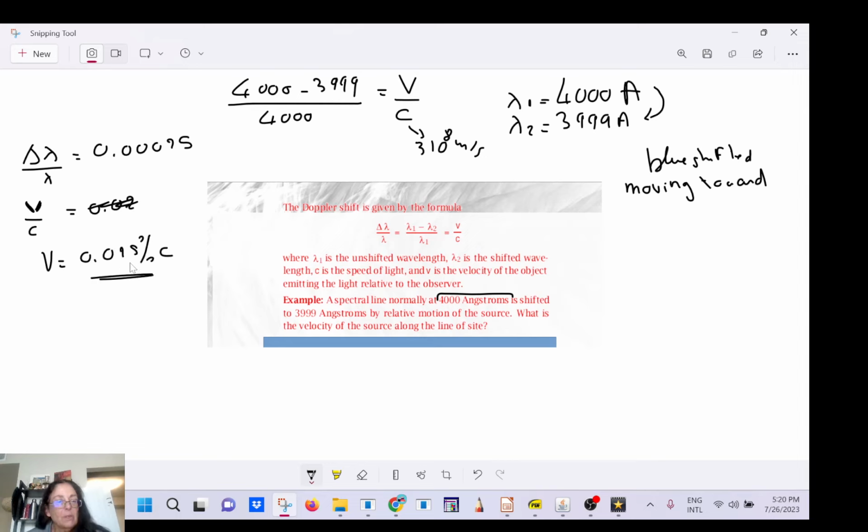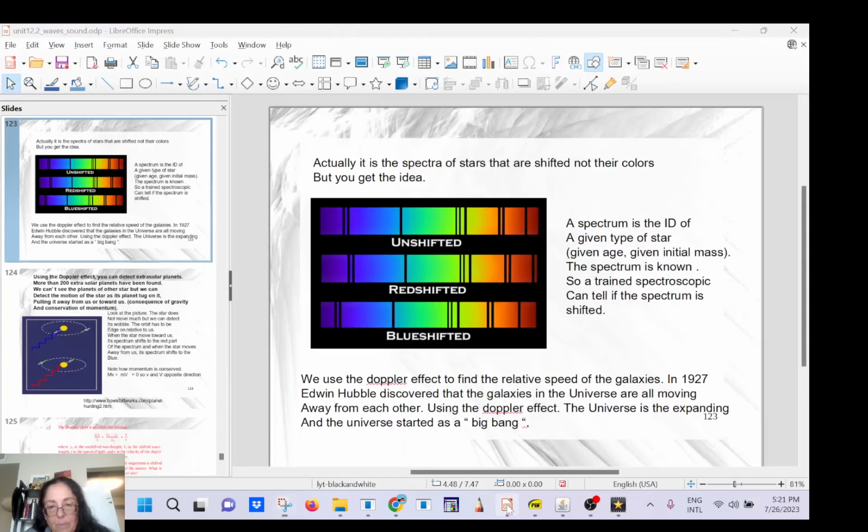So much smaller, but still large, because if you multiply that number by c, so v equals that number times c, you find 75,000 meters per second. Okay, so you get the idea.